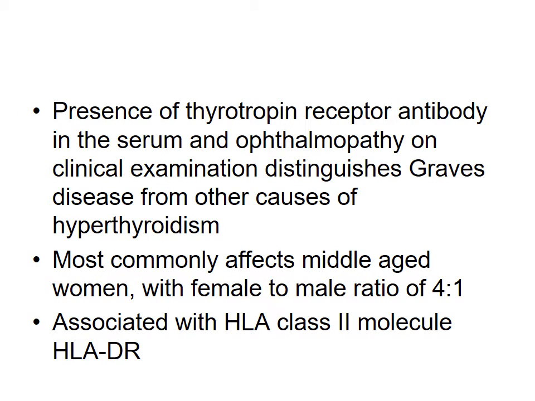Presence of thyrotropin receptor antibodies in the serum and ophthalmopathy on clinical examination distinguishes Graves' disease from other causes of hyperthyroidism. And as we had discussed, it most commonly affects middle-aged women with a female to male ratio of 4:1. It has an association with HLA class 2 molecule HLA-DR.